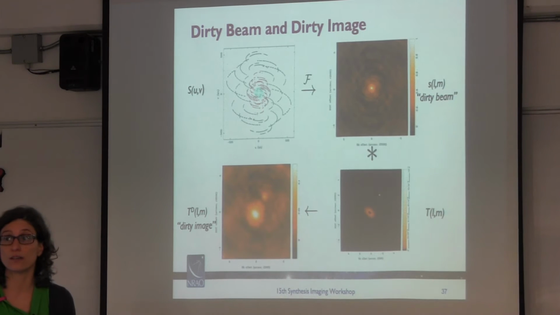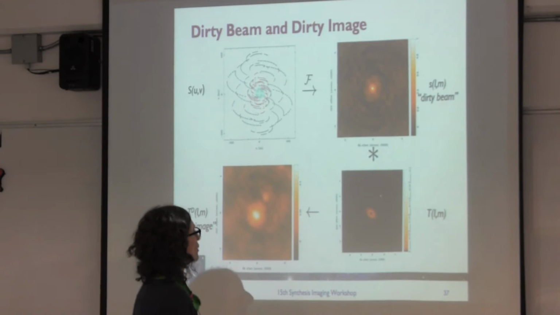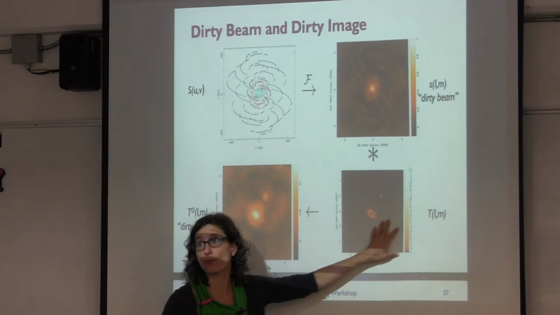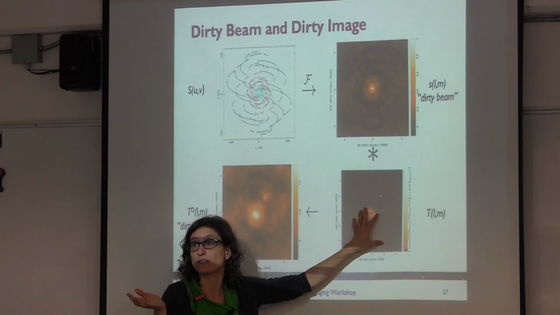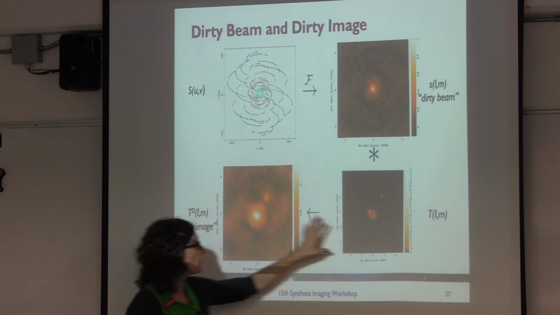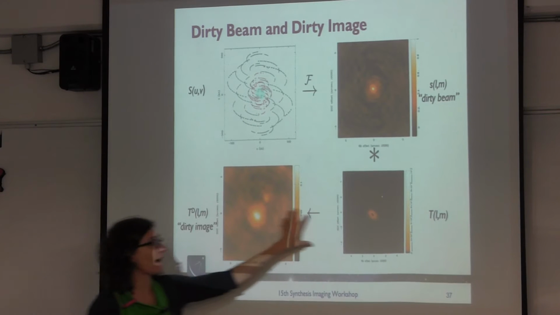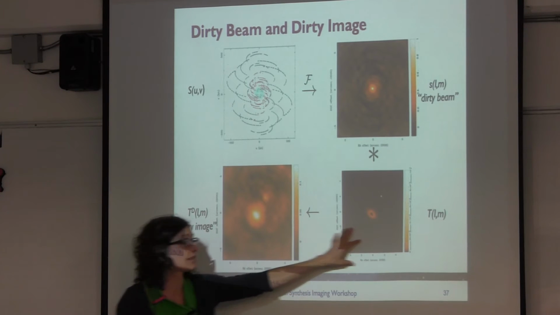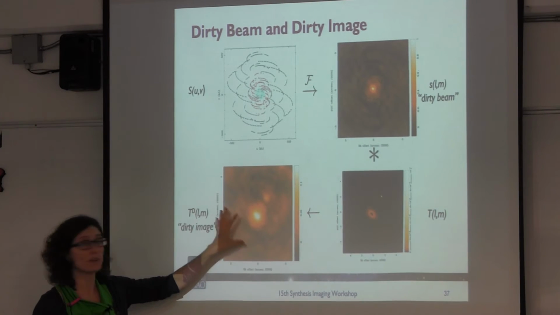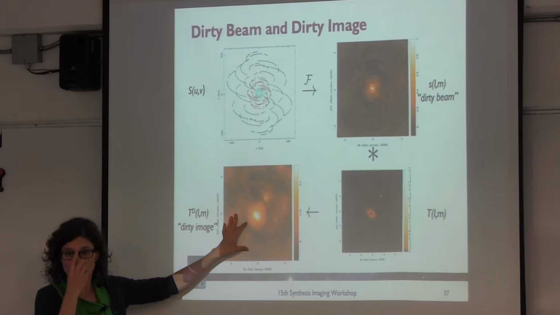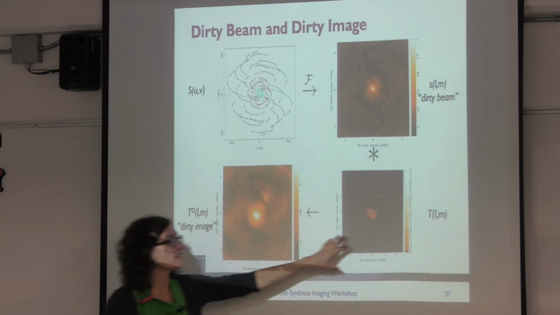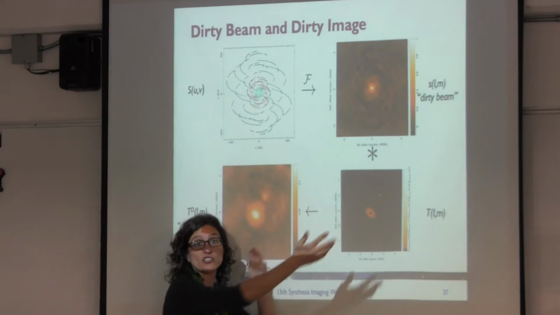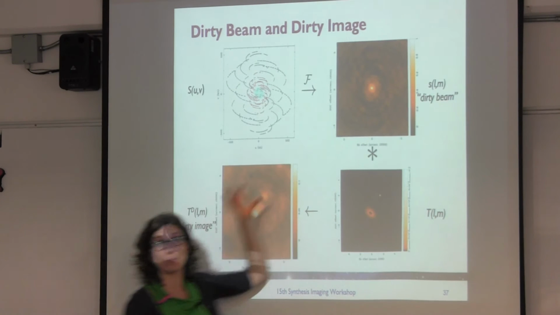Okay. Because of the sampling, there is a lot of information from your source that you are missing, right? You are only observing this. So there are infinite numbers of models of real images that could give you this dirty image as an output. For instance, you can add large-scale structure that will be lost by your sampling.